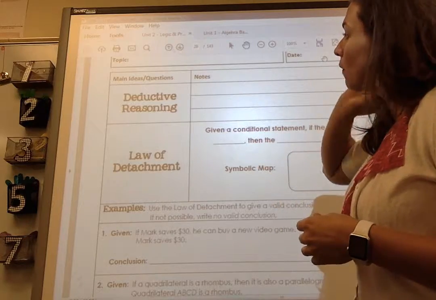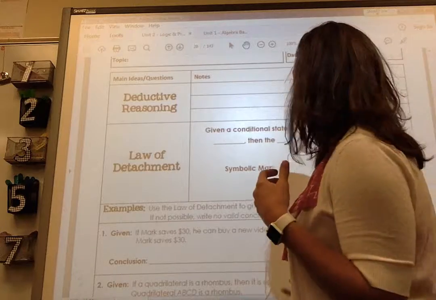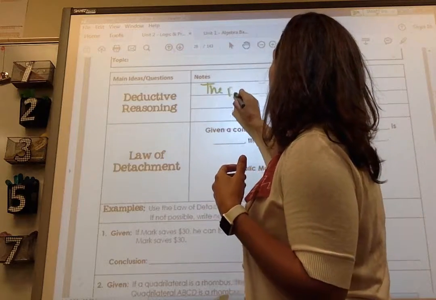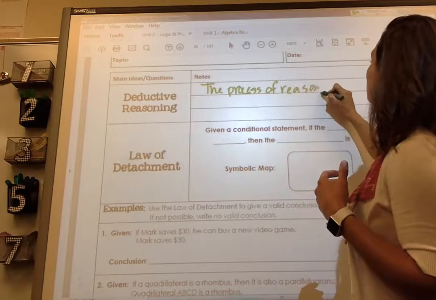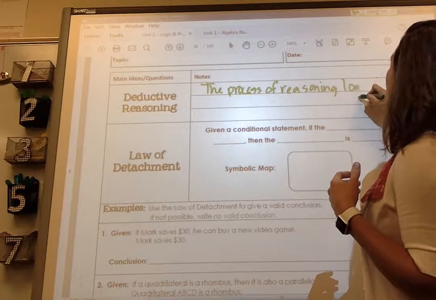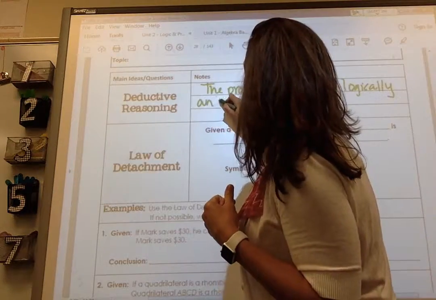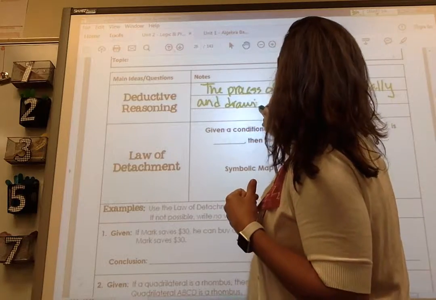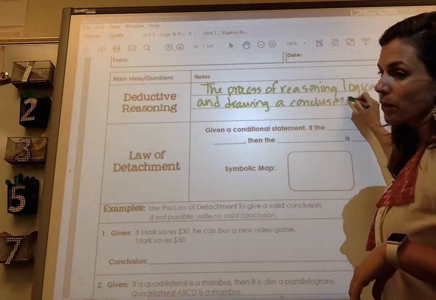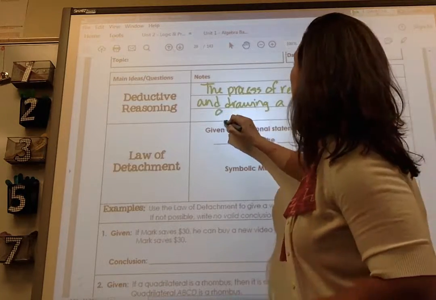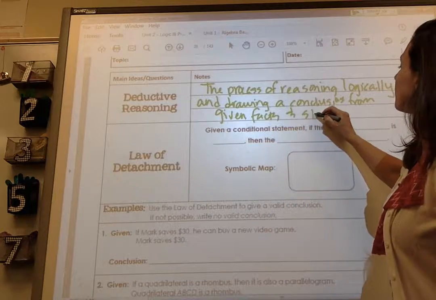So if you want a definition here, it is the process, I'll write that down, the process of reasoning logically and drawing a conclusion from given facts and statements.